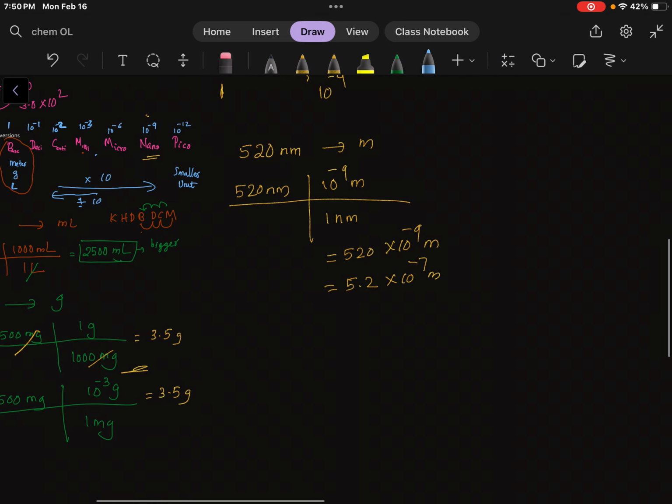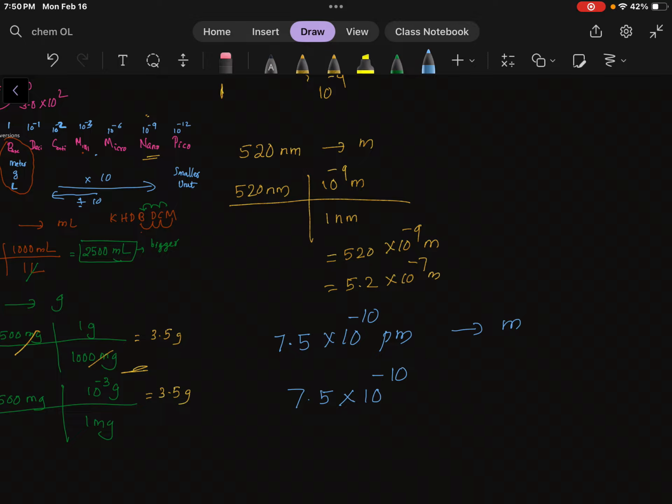So say for example, if you have 7.5 times 10 to the power of 10 picometer, and you have to convert that into meter. Let's start from the T chart, which is 7.5 times 10 to the power of 10 picometer. Just write.